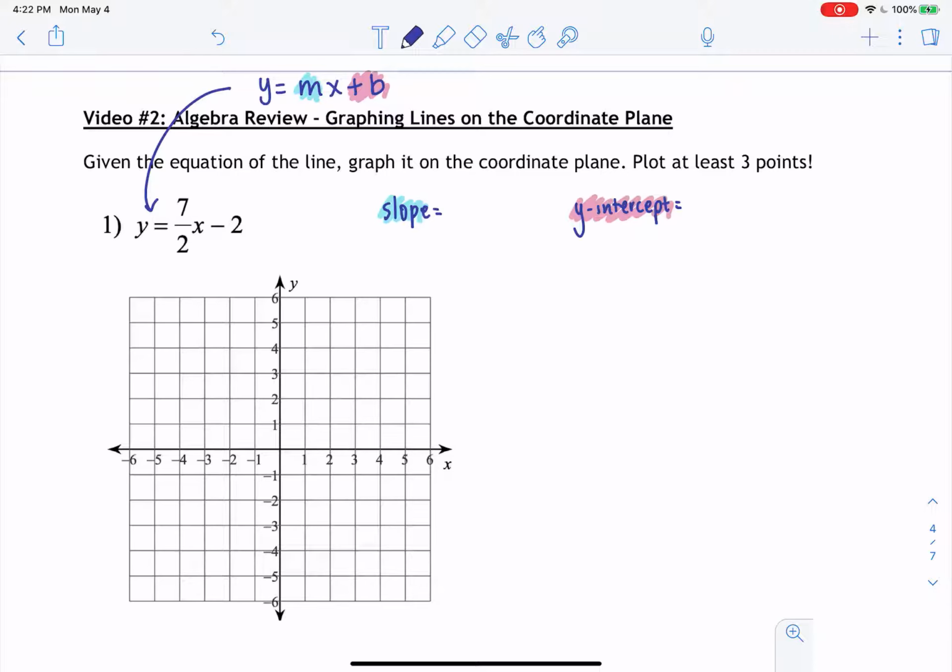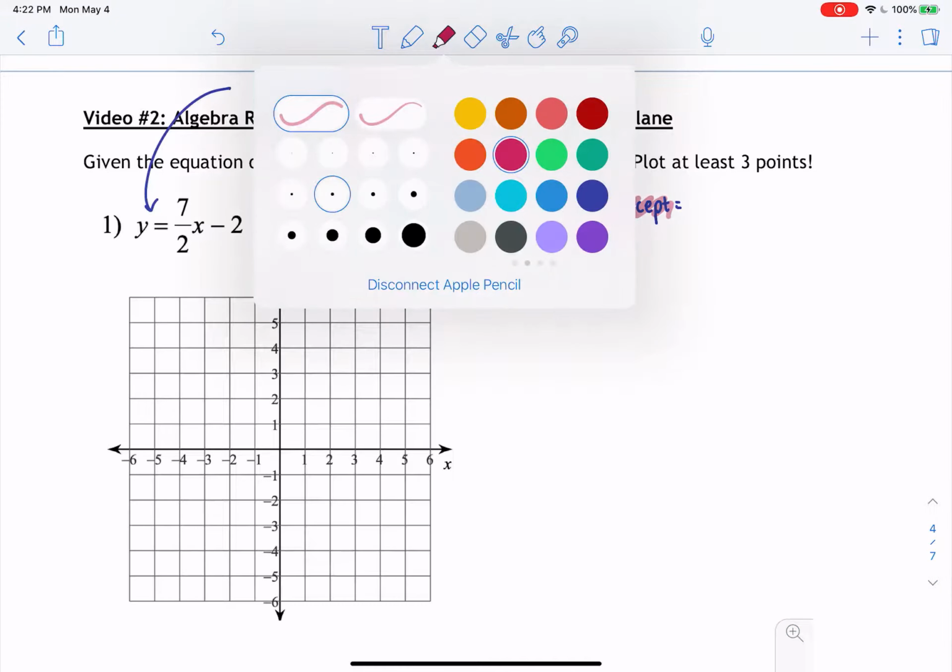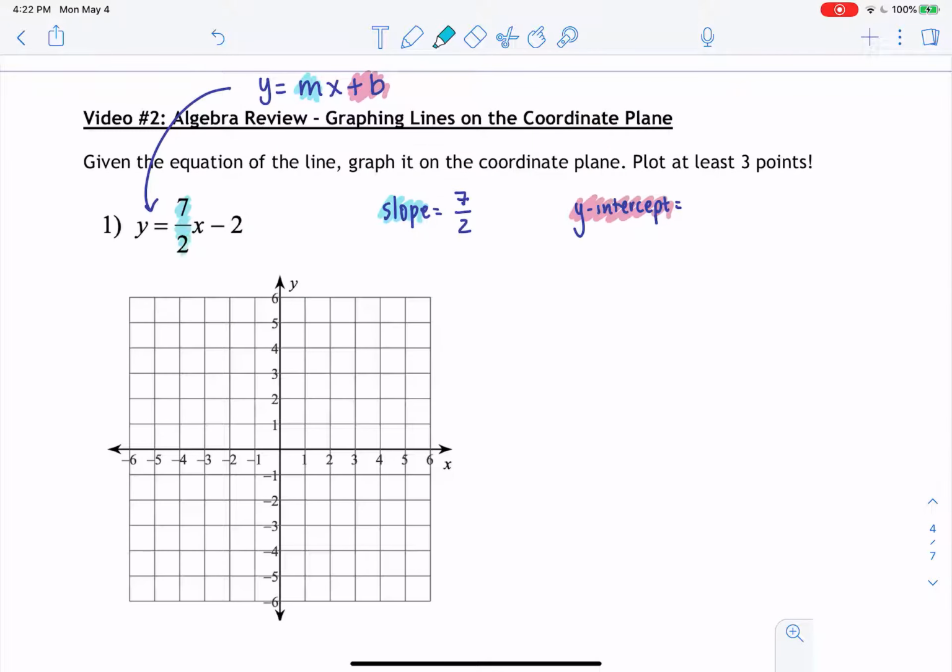So here our slope is going to be 7/2 because that is the coefficient of x, and our y-intercept is (0, -2).